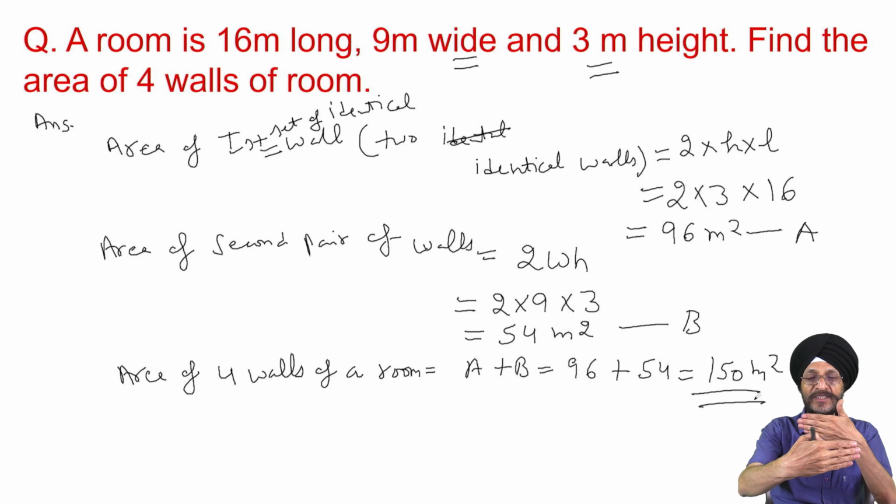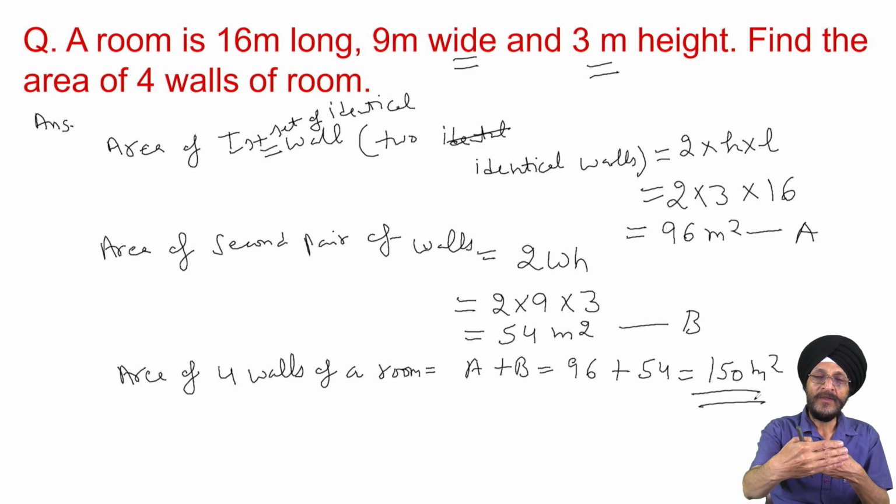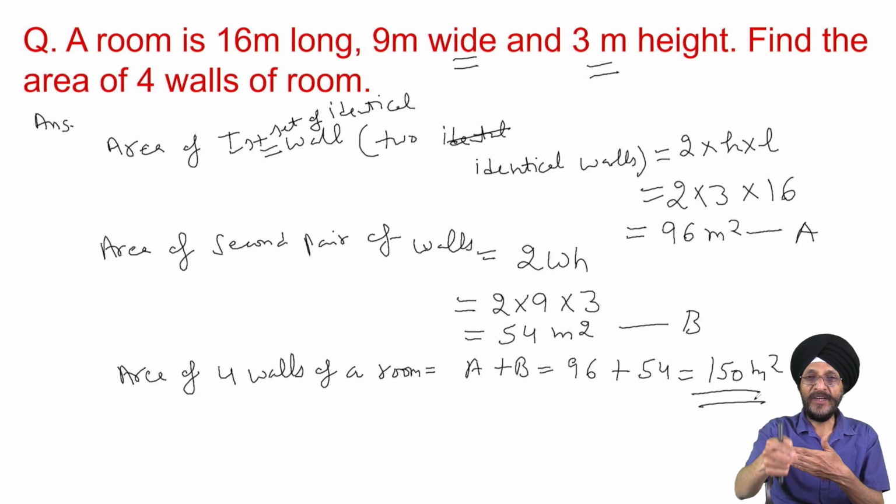This is the front and this is the opposite to it, and then these are the two side walls which are also identical and have an equal area. So first we will calculate the area of the first pair of walls, which is before you, length into height multiplied by 2.